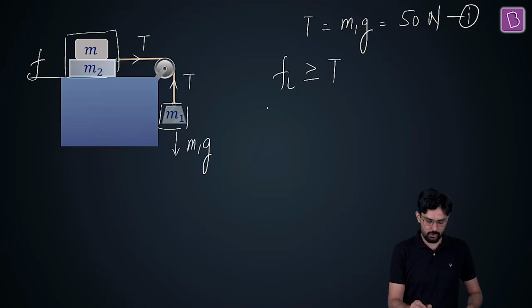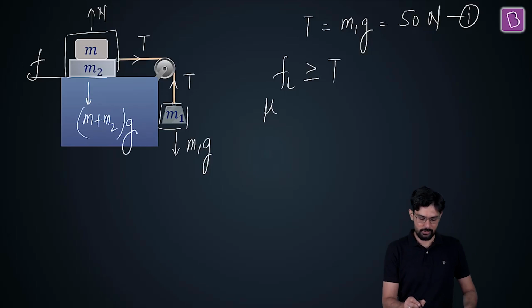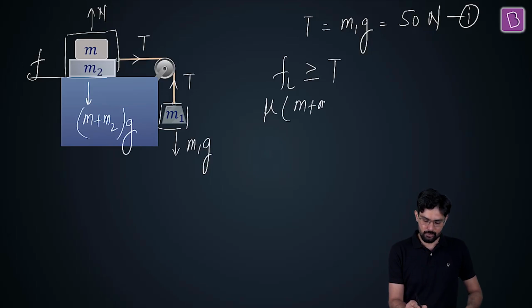And the limiting friction force, you know, is going to be equal to mu into N, where N is (M plus M2) into g. So this is going to be mu (M plus M2) into g, and this should be greater than or equal to the tension force, that is 50.